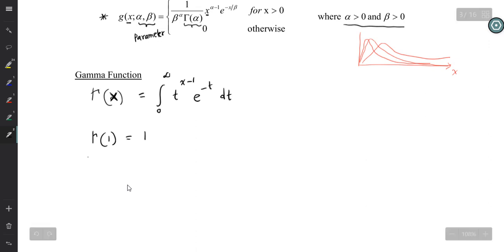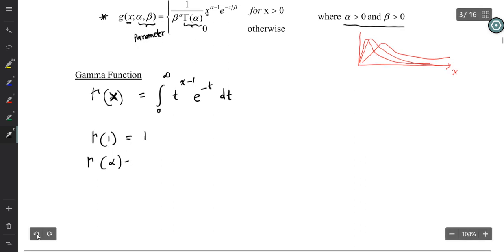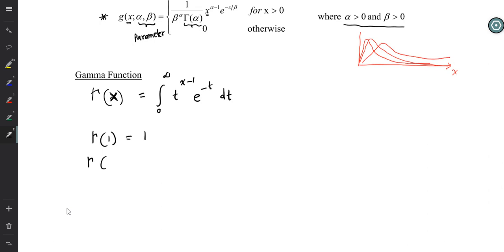And also, the gamma function at alpha plus 1 is alpha times gamma of alpha. I usually use alpha minus 1 to explain it easily, but let's do it this way. The gamma function evaluated at alpha plus 1 is alpha times the gamma function at alpha.